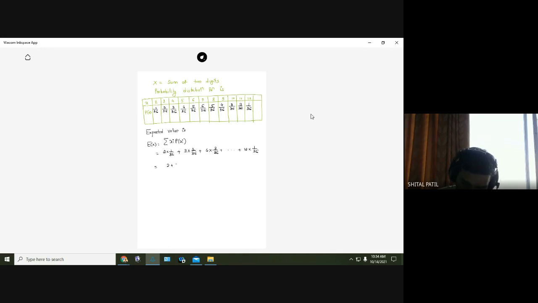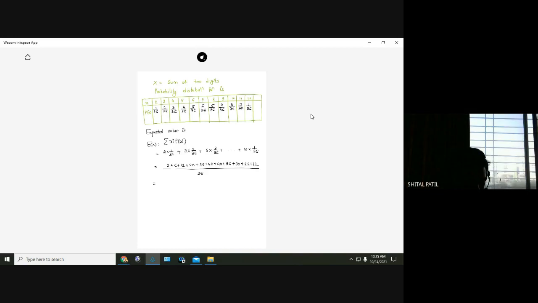So add and tell me what is the expected value. Isn't it? Arithmetic mean.